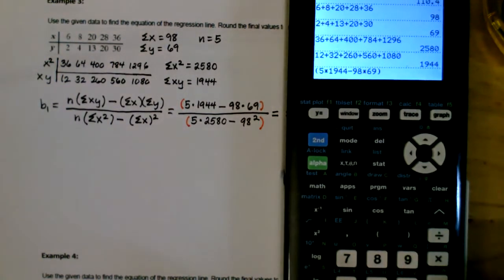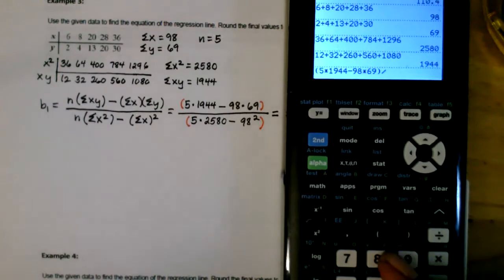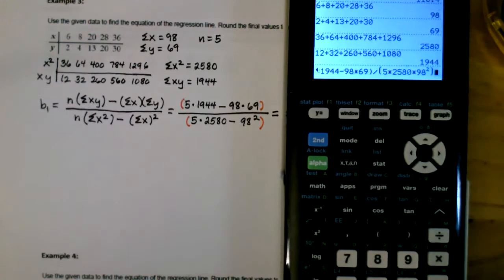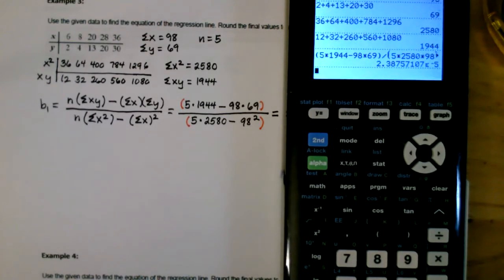We can close the parentheses. Now this calculator does do the order of operations. And then divided by the denominator left parentheses 5 times 2,580 minus 98, and then that's going to be squared. Close parentheses. And then we hit enter.